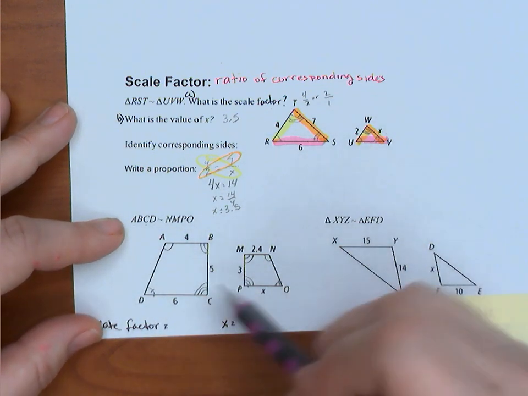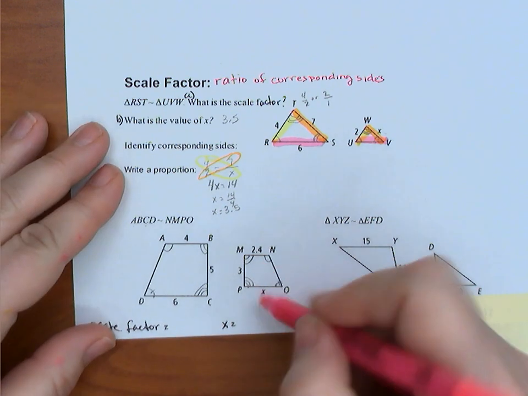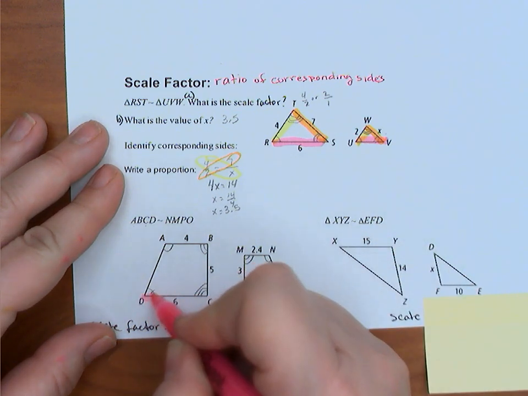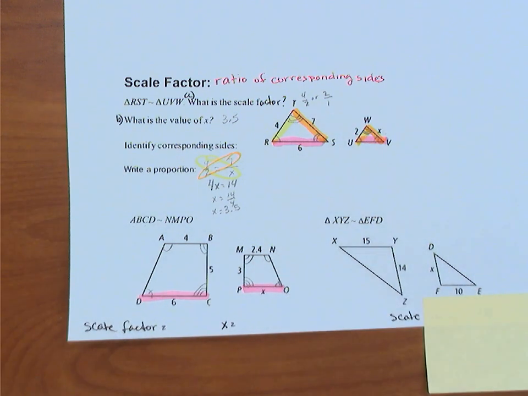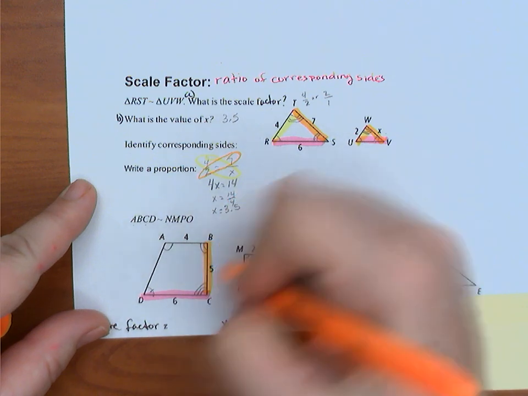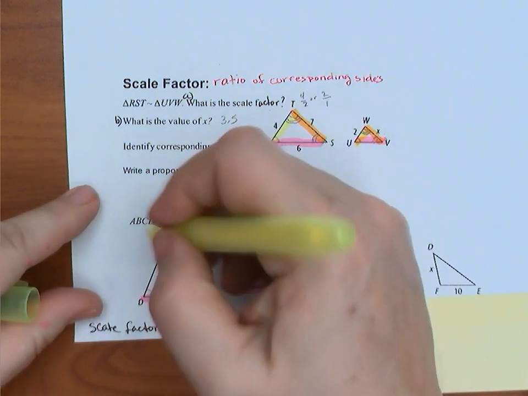So then from there, I identify the corresponding sides, and I need the one that has the x in it. So x, this side, PO, corresponds to DC, and then BC corresponds to MP. Of course, I also have a third pair. That would be AB corresponds to MN.